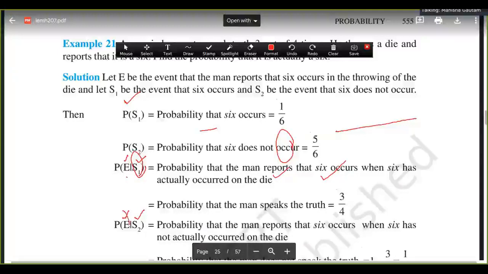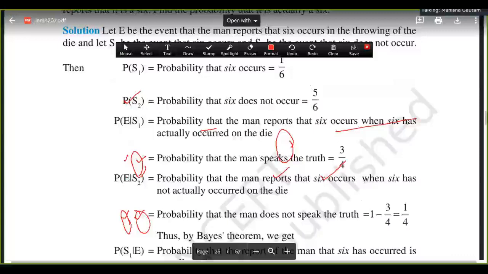Or he reports 6 is there, but 6 is not there. These are the two cases. Now, the probability that the man speaks the truth is 3 by 4, and that he is telling a lie is 1 minus 3 by 4. It means he has reported wrong.